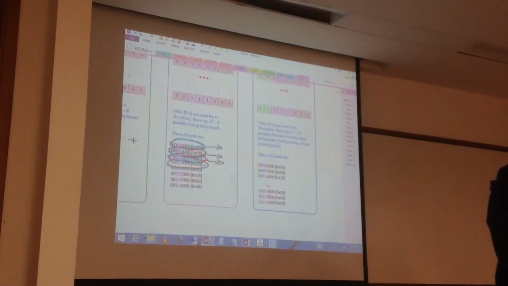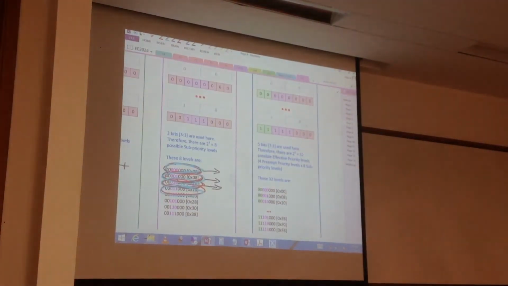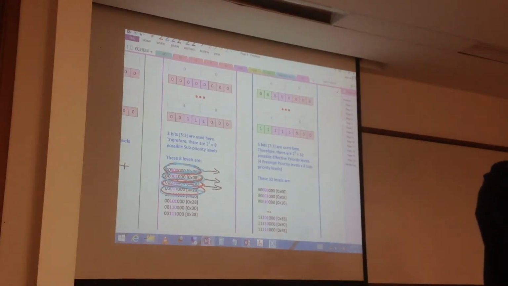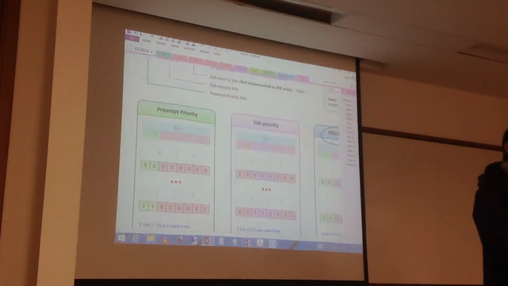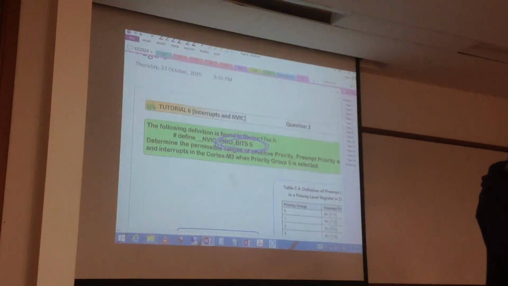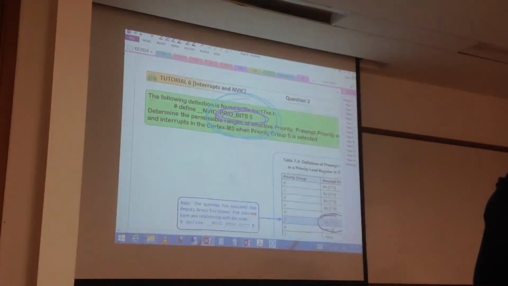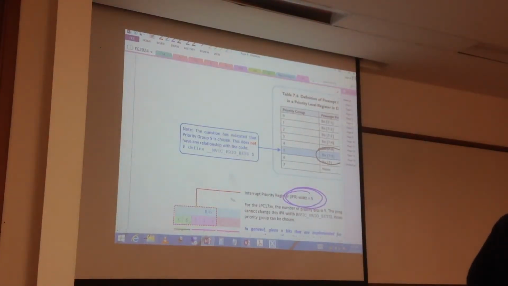Any questions here? Because if you have understood the first question, then this is straightforward. So we have shown you how to write down all these values. First, you need to know the IPR width, 5 bits for example.